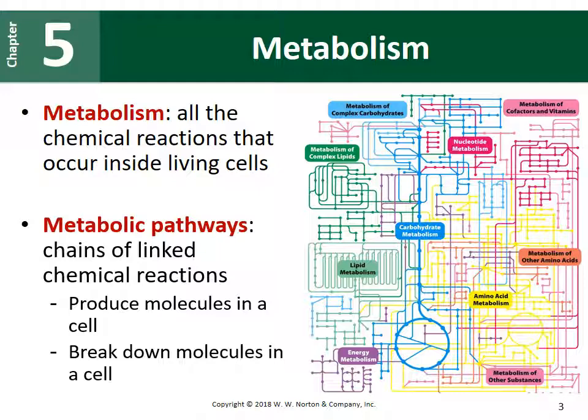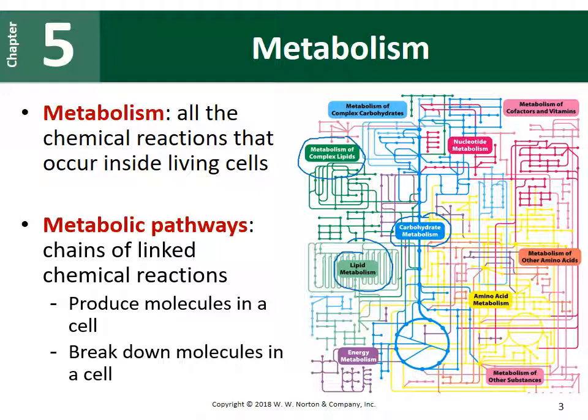So here, this image is showing different metabolic pathways, and metabolic pathways can be used to break and create carbohydrates. So we have carbohydrate metabolism pathways. We have metabolism of lipids, which are the fats and the oils in the green.